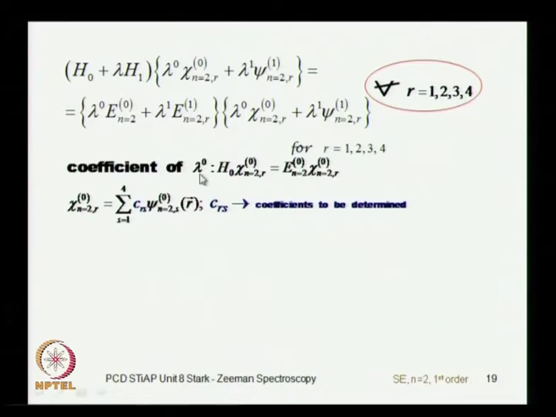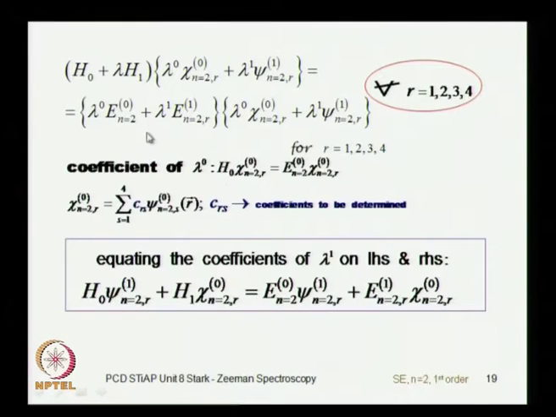From the lambda equal to 0 coefficient, you get this unperturbed solution, but the eigenstate is actually a superposition of these degenerate states, and the superposition consists of these coefficients C_RS. Both R and S can take 4 values. You have a similar relation for each value of R, but the summation is over 4 states. So S will go from 1 through 4, and these are the coefficients to be determined.